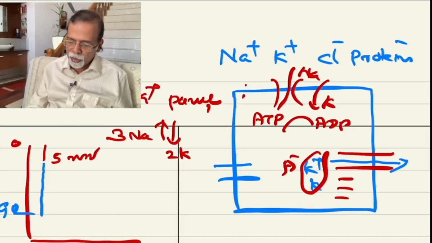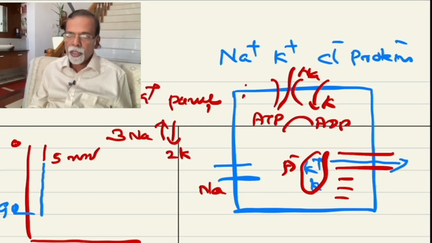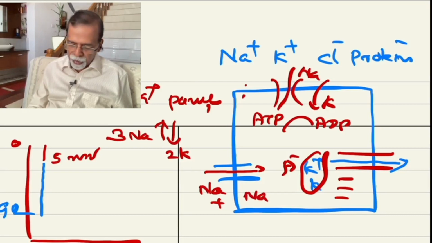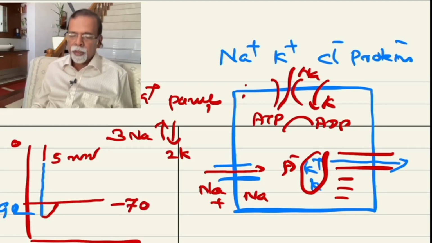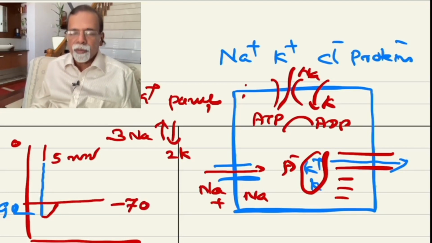Outside the sodium is high, inside the sodium is less, so the sodium will move inside. Sodium is positively charged. So, once the sodium enters, the negativity decreases. During rest, the membrane potential is somewhere around minus 70. This is in the case of a nervous tissue.